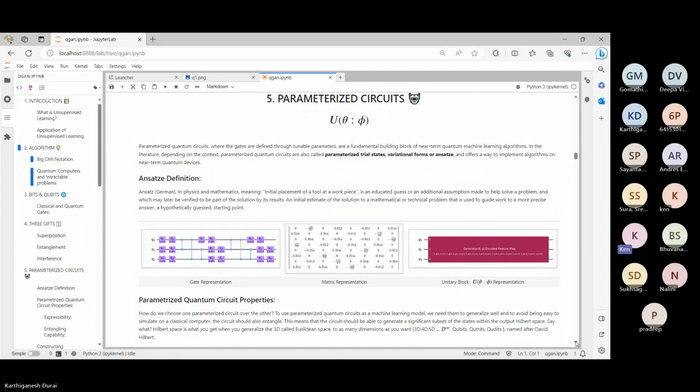Okay, and there are many names for this parameterized quantum circuit. We could call them parameterized trial states, variational forms, ansatz, but the gist of it is it's a tunable parameter that we have available. Now, the word ansatz we'll see appear quite often, and at least we should know what it is. An ansatz just means a placeholder of a circuit.